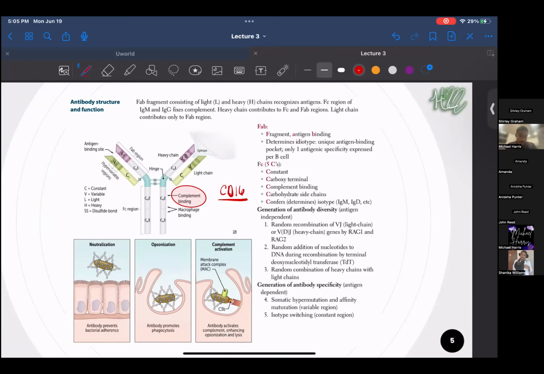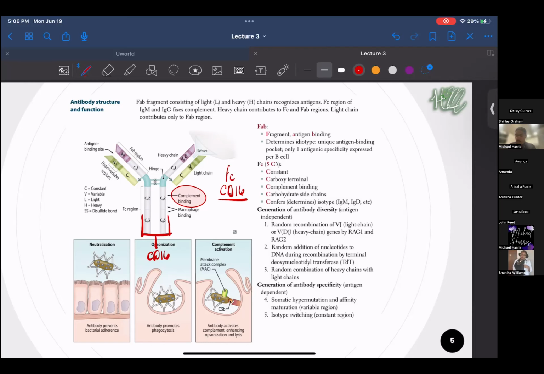Why is that? What does CD16 deal with? Yes, it's the receptor for the Fc portion. So this receptor here is CD16. And that allows these macrophages, neutrophils, eosinophils, basophils to do their function.